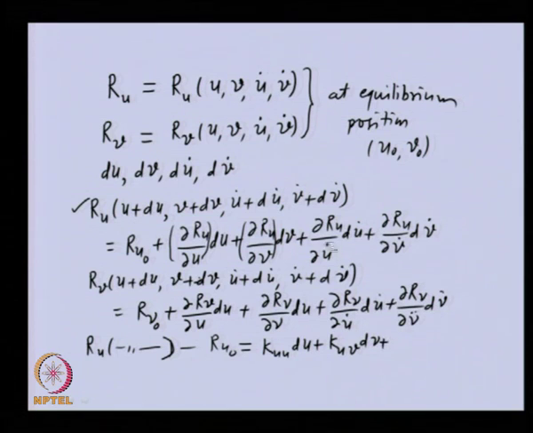Similarly, these correspond to the velocity. So I am writing this as c uu du dot plus c uv dv dot. Here also the first subscript is the force direction, u direction, and the second is the velocity direction. So the change in the fluid forces I am writing like this. Similarly, we can write in the other direction, that is the v direction.